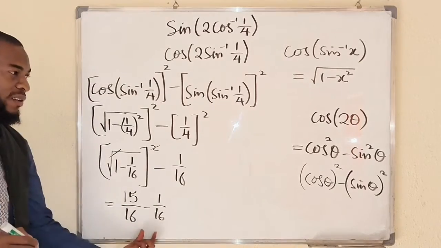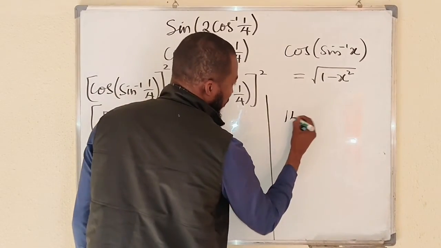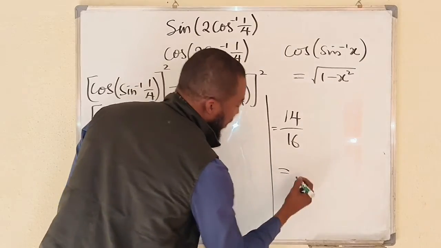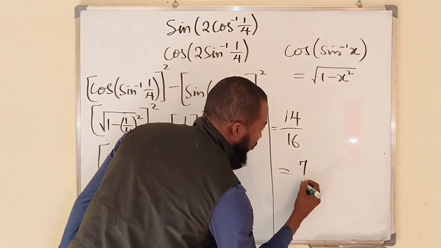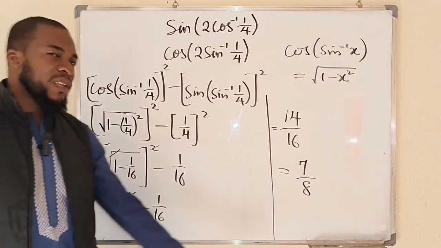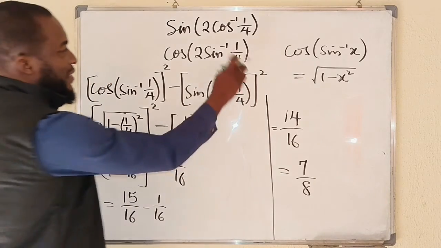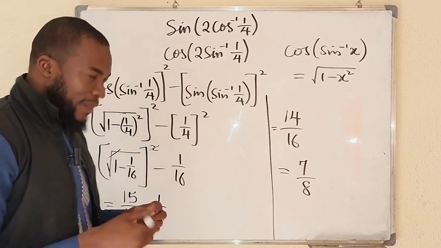Having the same denominators, you can say 15 minus 1, which is 14, divided by 16, which to the lowest terms equals 7 over 8, because we have a common factor of 2. 2 divides 14 seven times, and 2 divides 16 eight times. Therefore, the whole of this is 7 over 8. As simple as that.